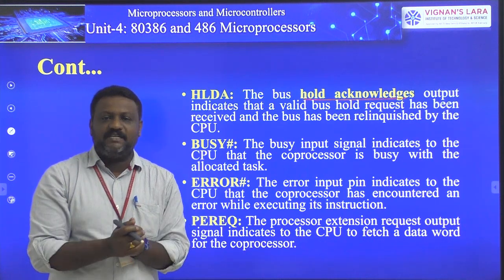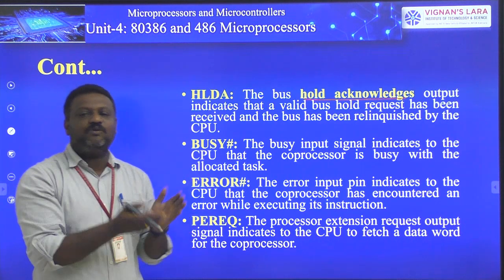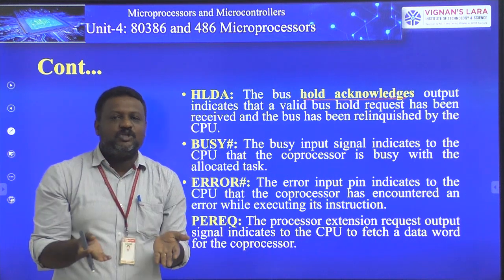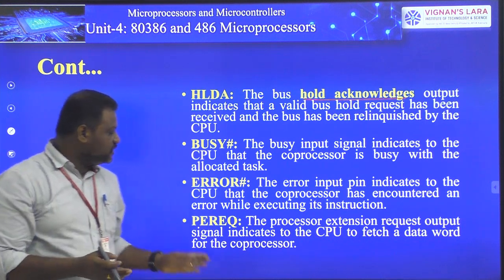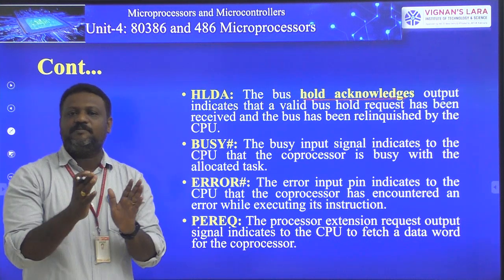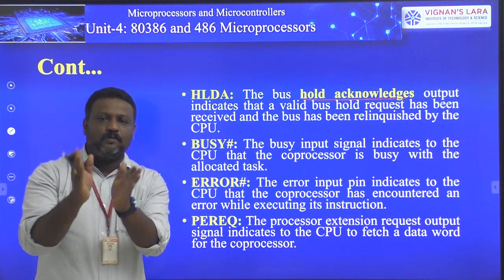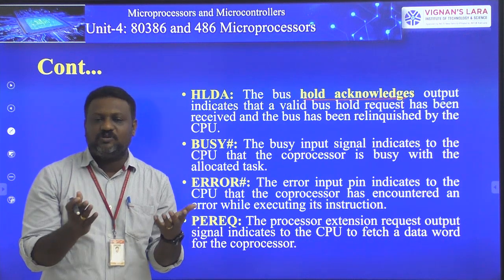For that, it will send a request to the CPU: I want information from a memory or from an IO device in order to execute the instruction assigned to me. That information is given by your processor to your coprocessor. So here you remember, friends, your coprocessor uses 3 signals when it is communicating with our 80386.